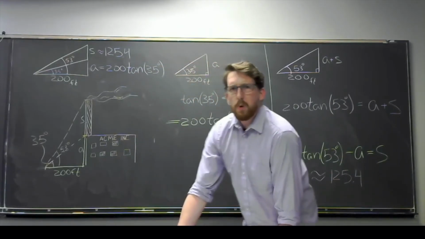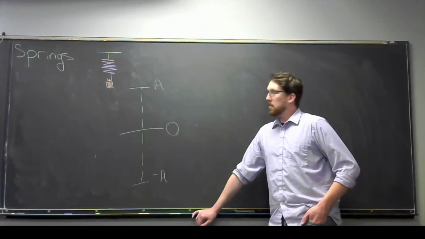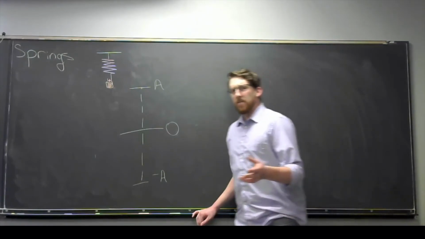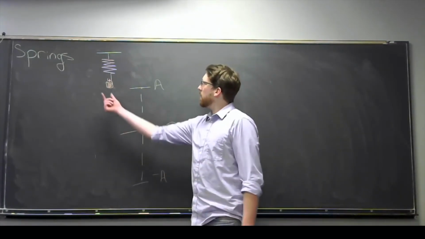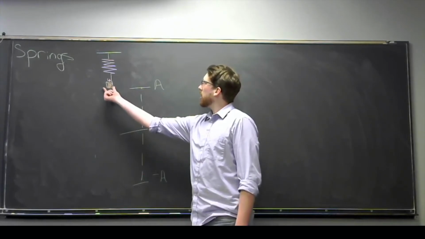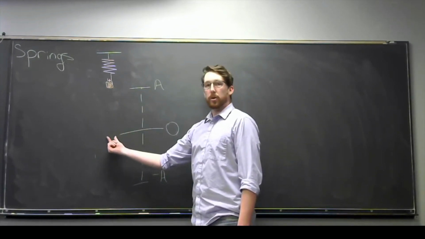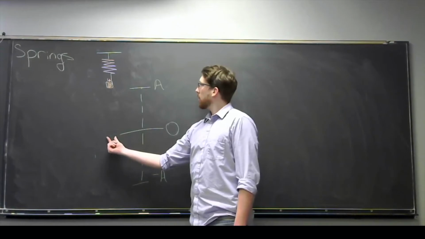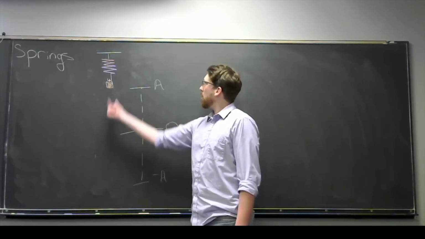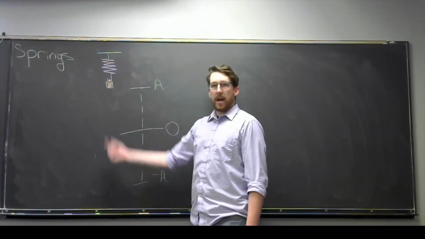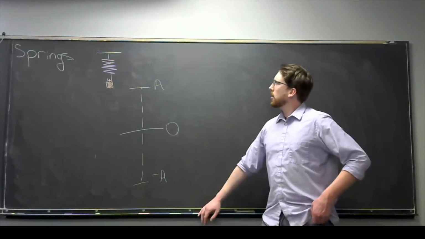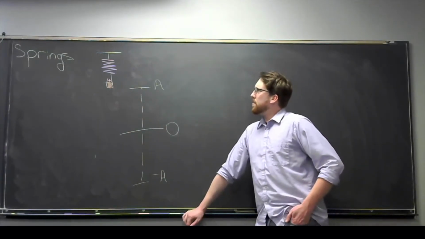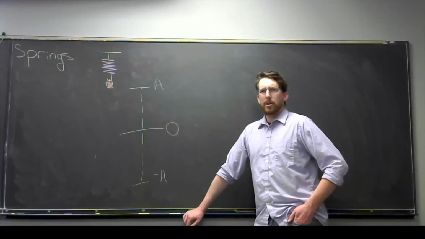Having said that, let's look at a couple more. Have you ever noticed that if you were to take a spring and pull it down to a certain point, it would jump up and down, up and down, and that jump could be described using trig?